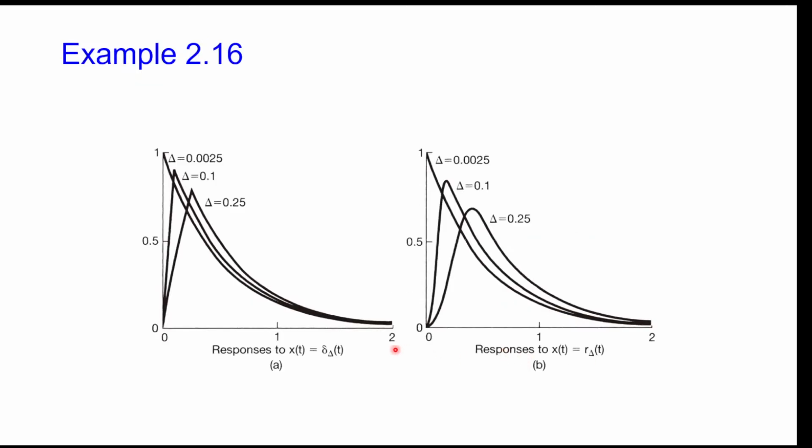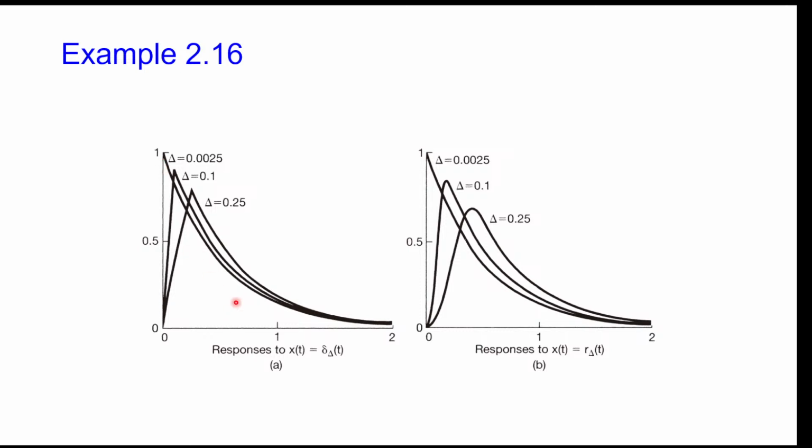So we hit it with different δ-sub-Δ and R-sub-Δ, and here are plots of the result. We see different results, and as Δ gets smaller and smaller, this delayed peak goes closer to zero, and when Δ goes very close to zero, you have this exponential decay response.